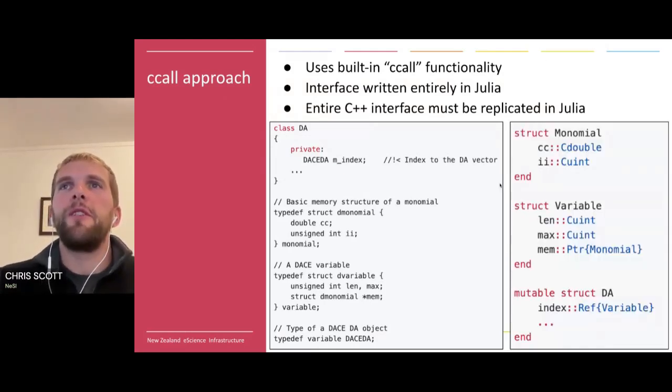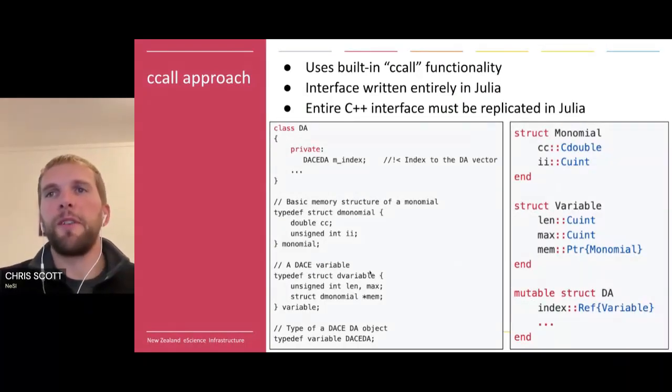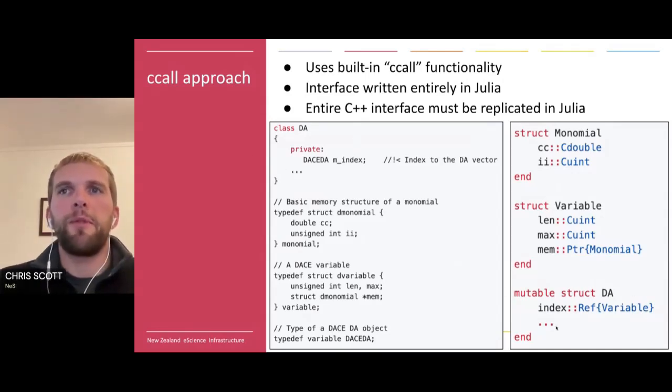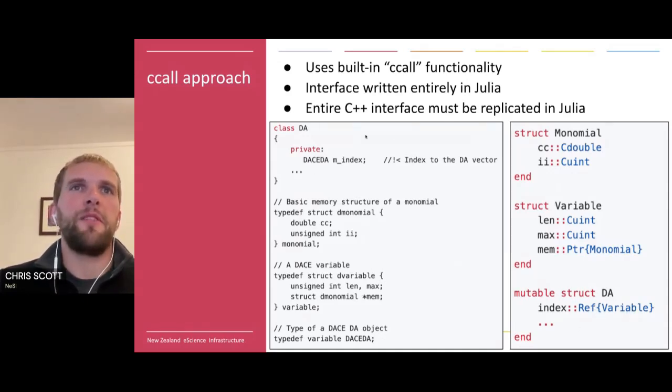So here we can see in Julia, we create a struct, which is equivalent to the monomial struct in C++. Then we have the variable, which builds on top of that, which is equivalent to the variable in C++. And then equivalent to the class DA in C++, in Julia we would have a mutable struct DA, which has an equivalent member attribute. Index is equivalent to the mindex there.